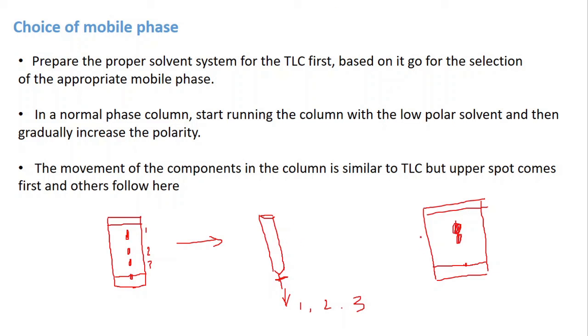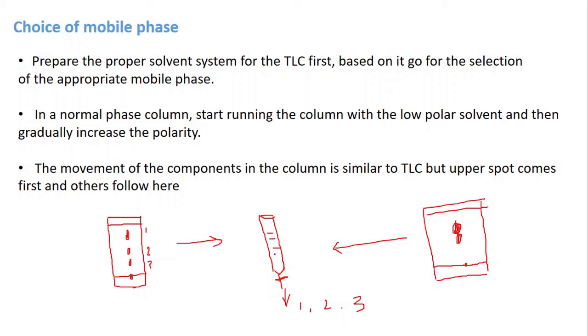Then separation by column chromatography is a bit difficult here. You should make a certain solvent which properly separates it. After that, you should run the column using that combination of solvent. So that is very important.